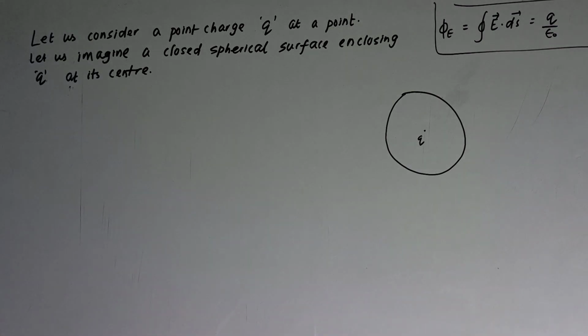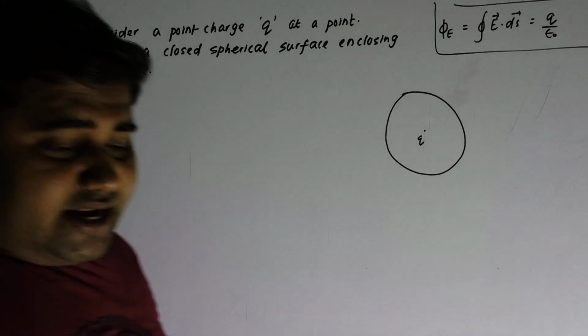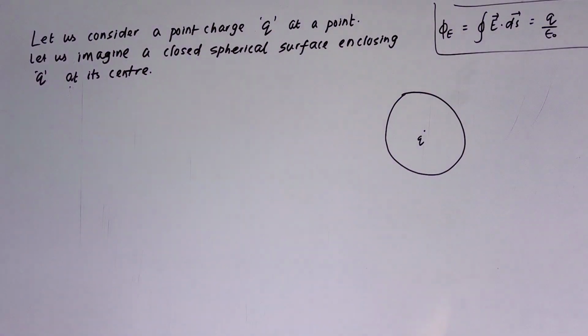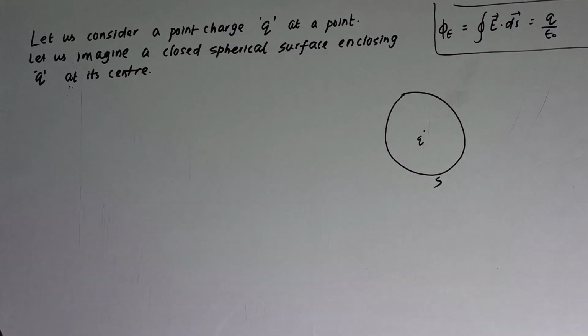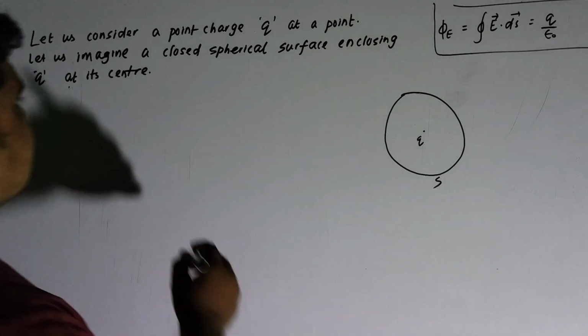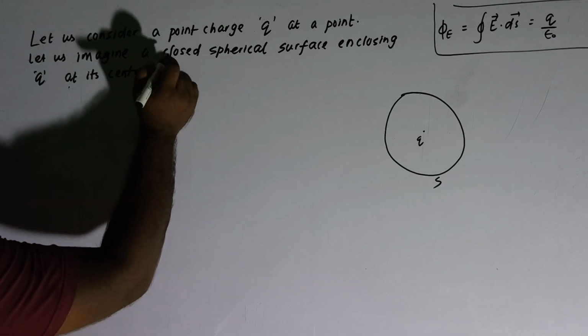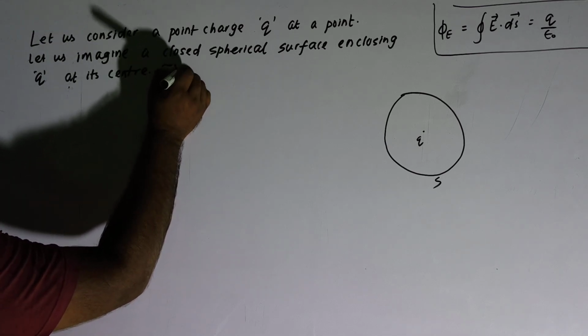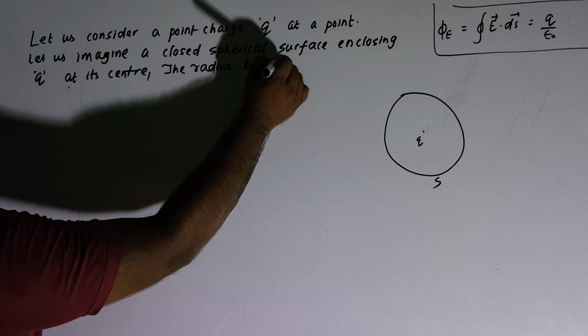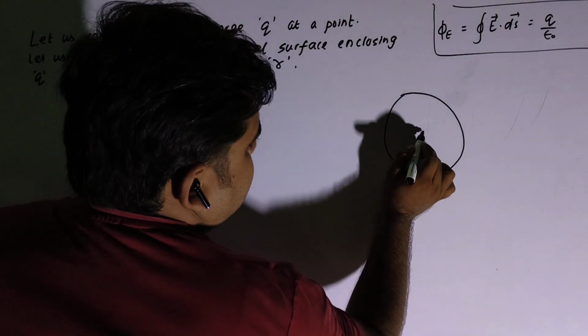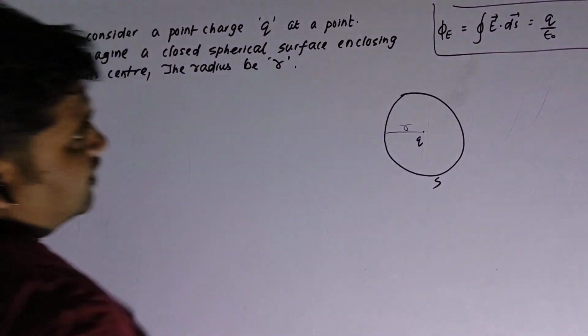So q is placed at any point in the space, and you are going to imagine a closed surface, and that sphere is S, with q at its center, and the radius should be R. The radius R, from this point to this point.